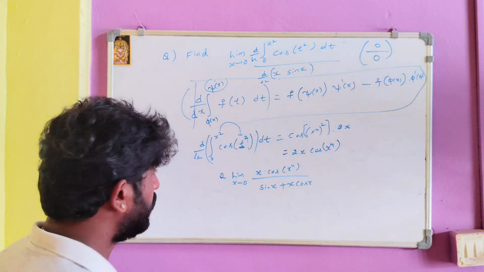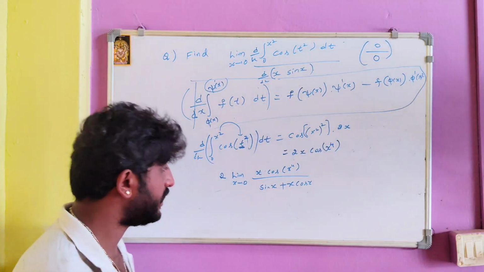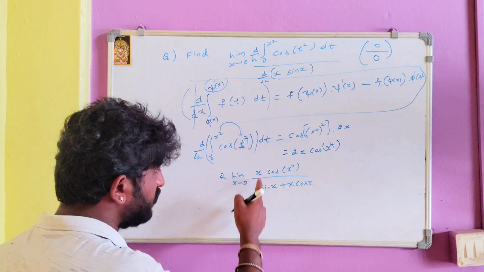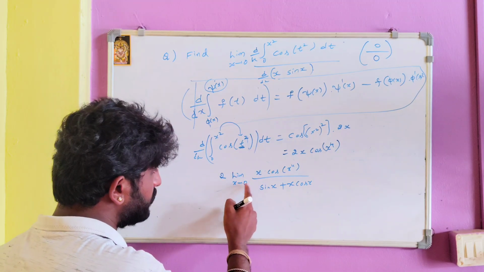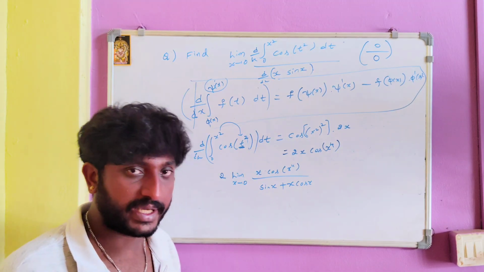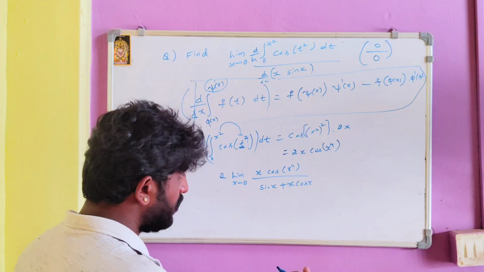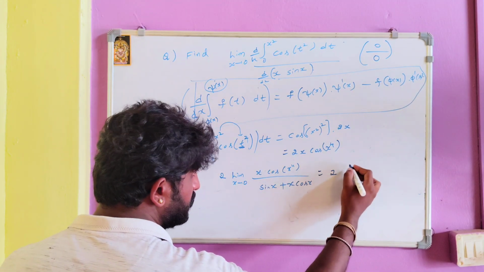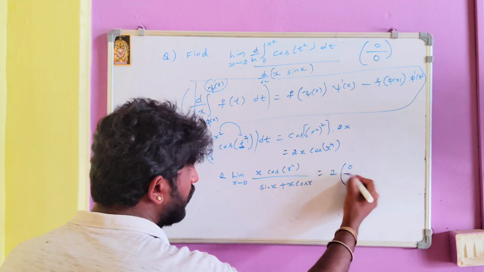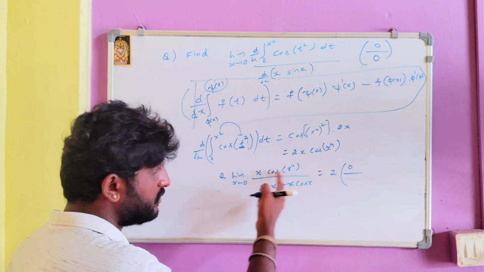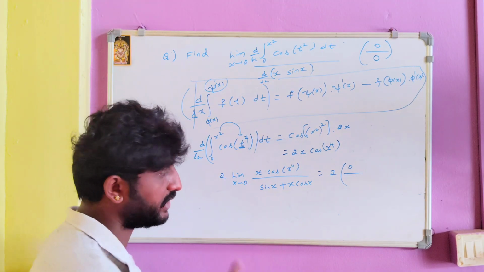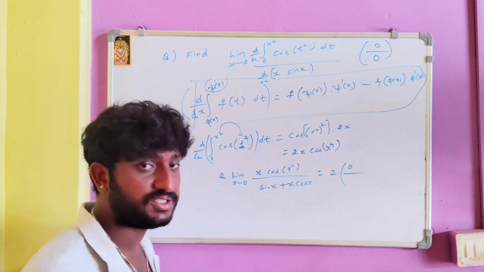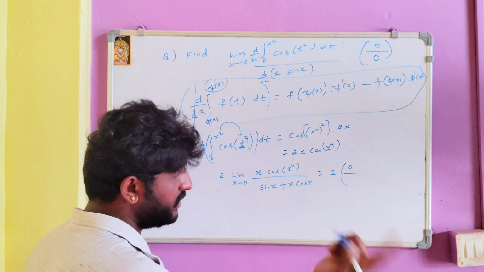Then if you substitute 0 in place of x, the complete numerator term becomes 0, because 0 into something, whatever we get here, that value becomes 0.